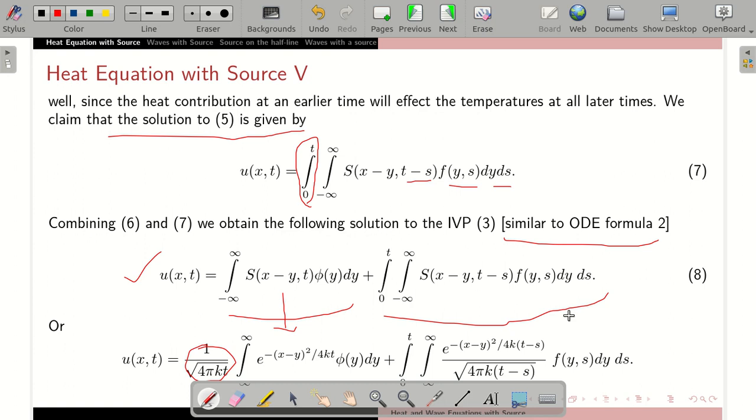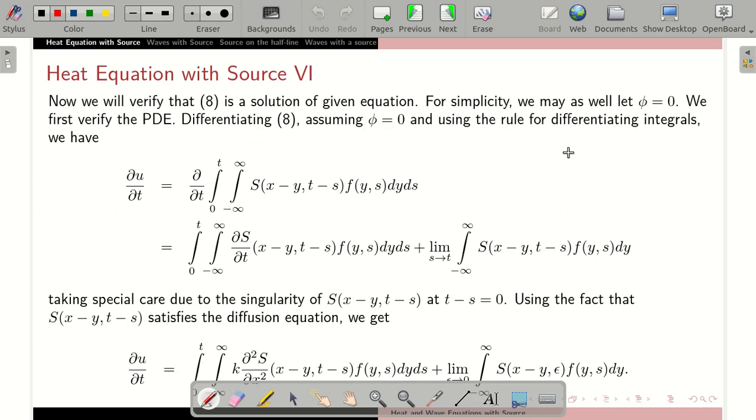So now we will verify that this seventh equation is a solution of the heat equation. For simplicity we may take phi equal to 0, or you can say that we are verifying only the particular solution. So we just differentiate the expression of u, that is, partial with respect to t.